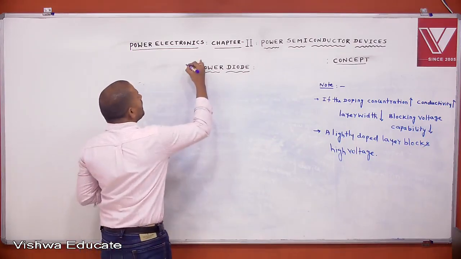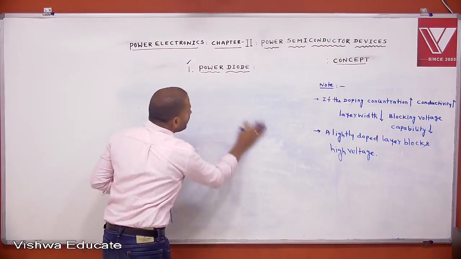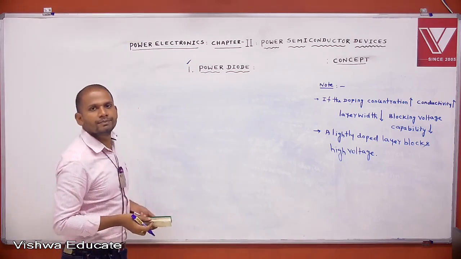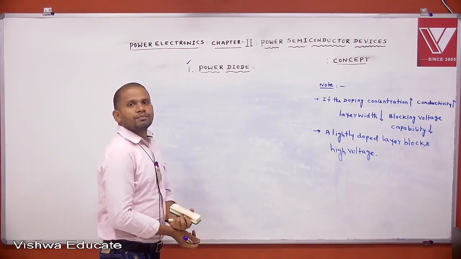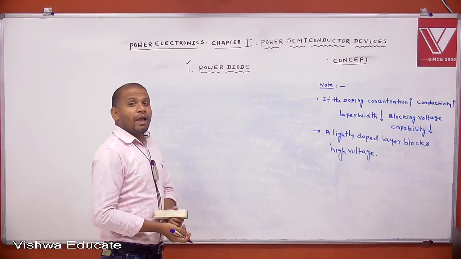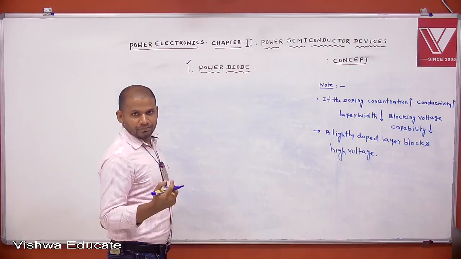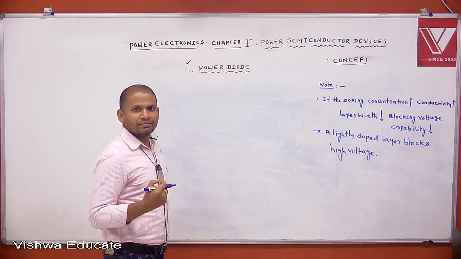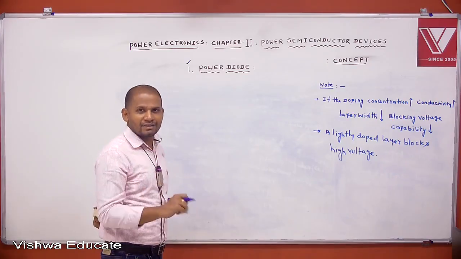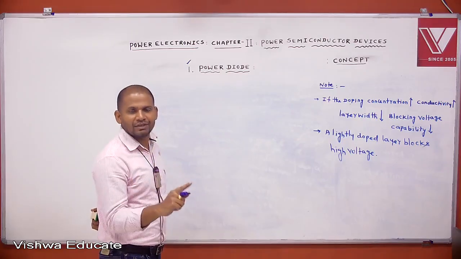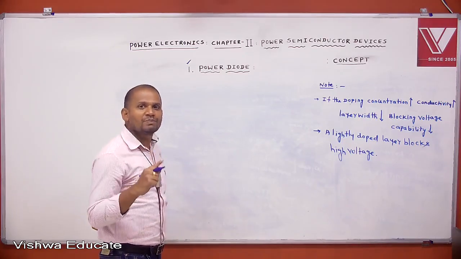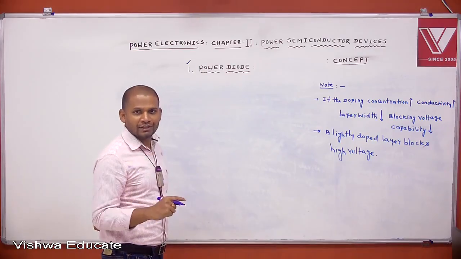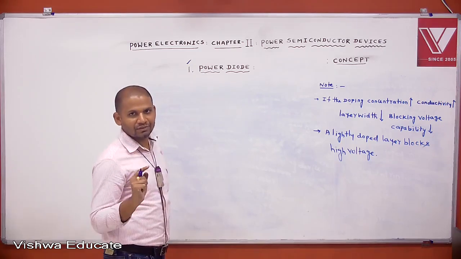Now see the concept of the power diode. What is the need of implementing power diodes? A high power rating diode is required to carry high currents in the conduction state with less power loss, and to block the high voltage in reverse bias condition.